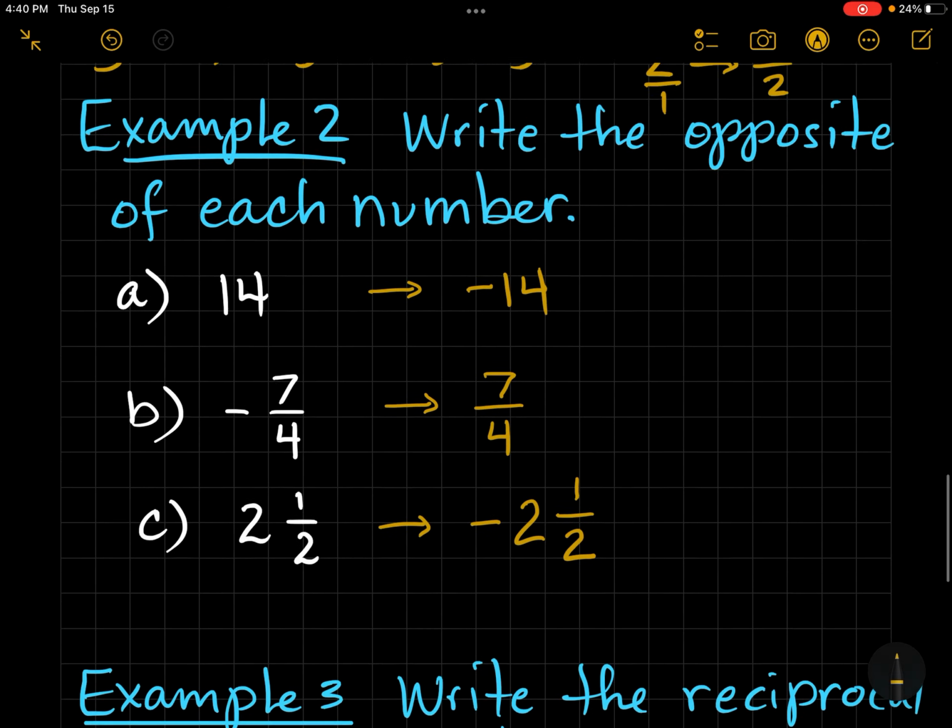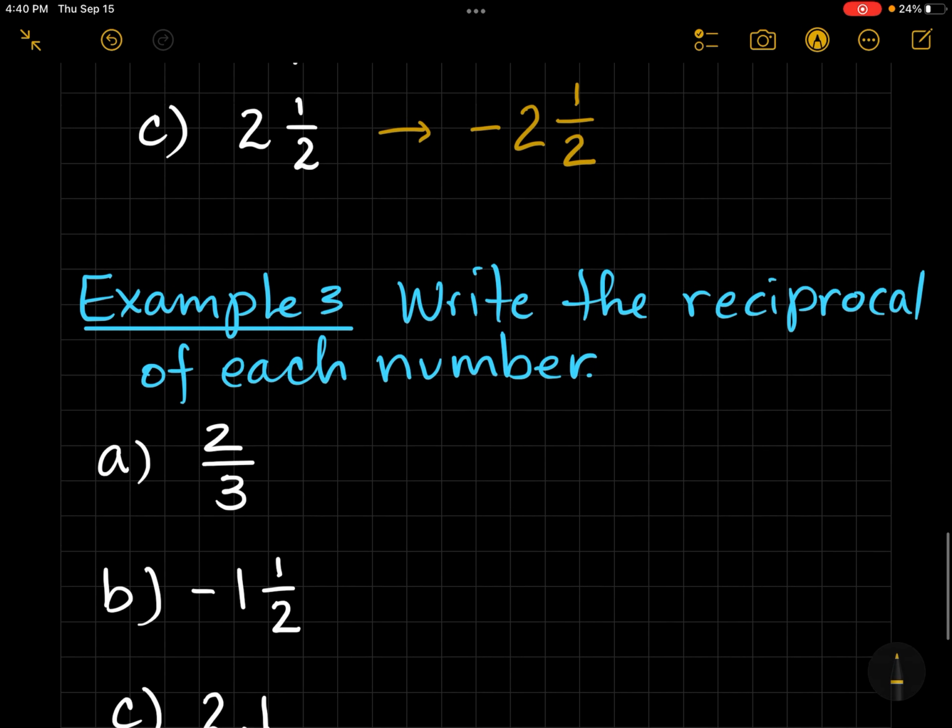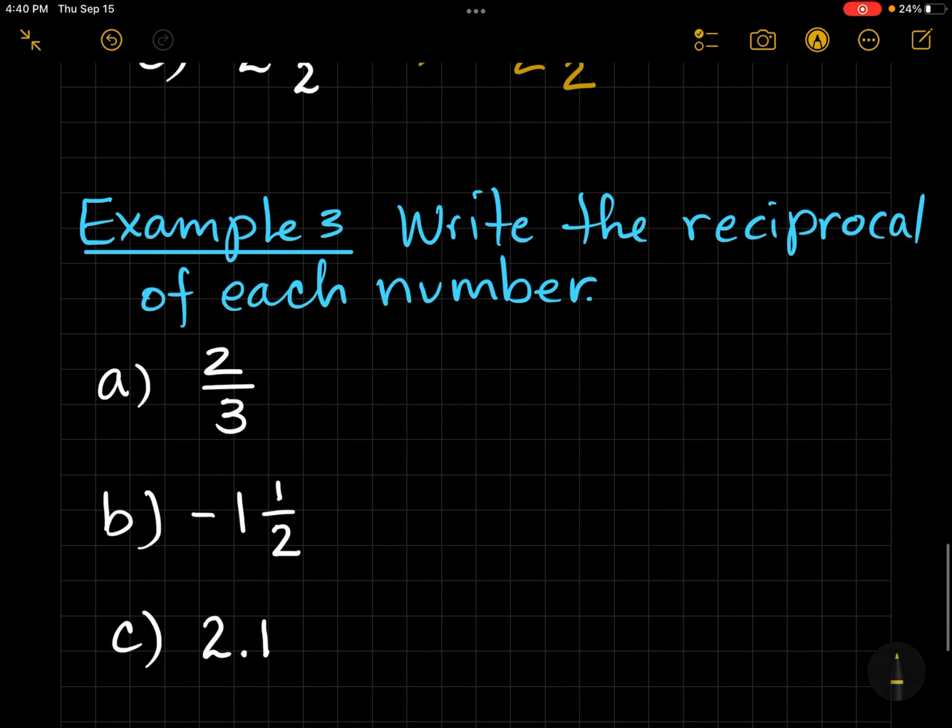Now let's move forward and practice finding the reciprocal of each number. The reciprocal, again, is telling you to flip the fraction. Flip it. So that'll just be 3/2. Don't change the sign again.